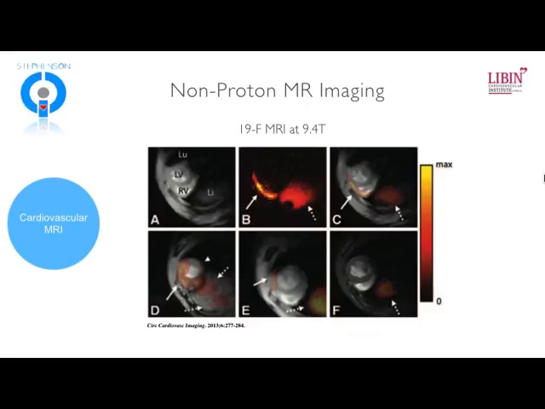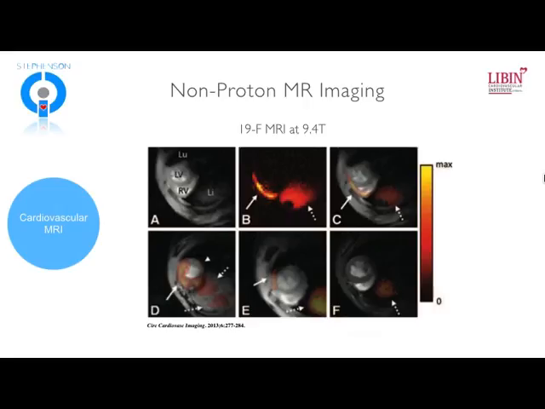Now, we do have some other things that we could potentially look at, and this is more into the future, but high field strength imaging affords unique capacity to image things that we don't normally. So we usually image hydrogen, but at higher field strengths, we have the ability to study other elements. So for example, we don't have a lot of fluorine-19 in our body.